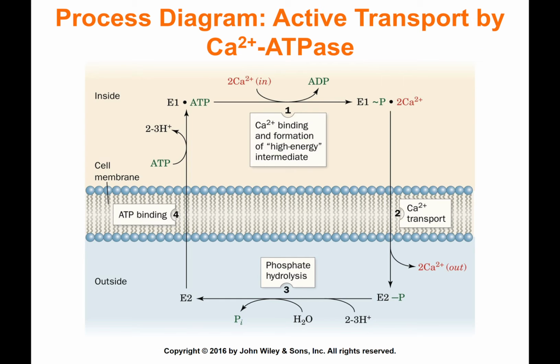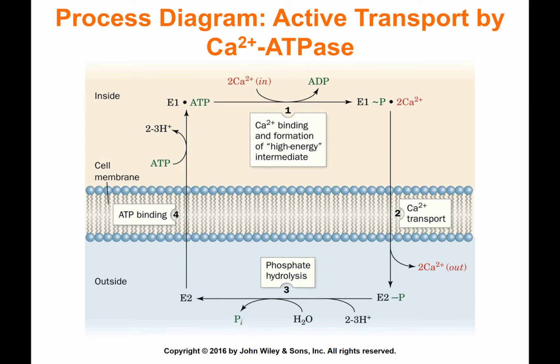All right, so here's another type of channel, another example of a P-type ATPase. There are numerous types of P-type ATPases, and we'll see the same pattern over and over again regardless of which one of these we're talking about. So for a P-type ATPase, we expect to have two different conformations, an E1 conformation and an E2 that's phosphorylated.